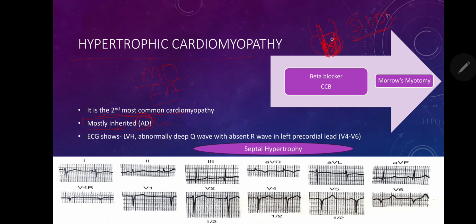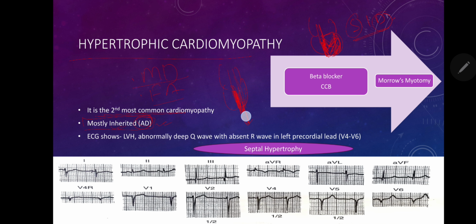The next type of hypertrophic cardiomyopathy is when there is more hypertrophy of the septum, and this septal hypertrophy causes a problem by narrowing the aortic root, and this causes a problem during systole.